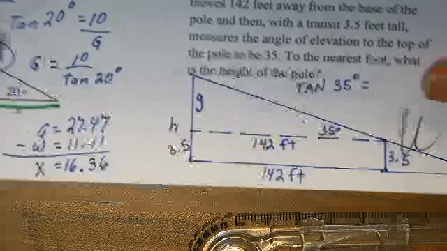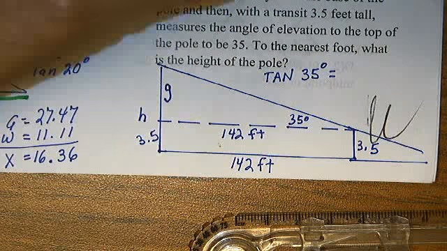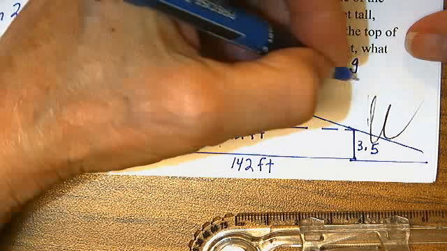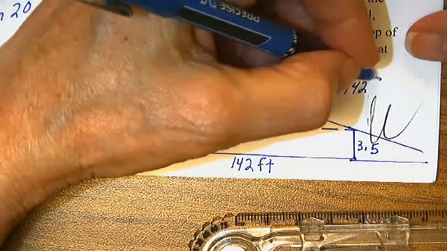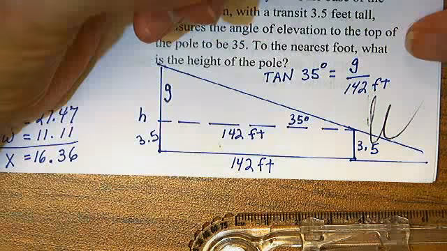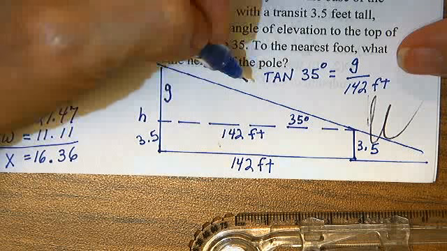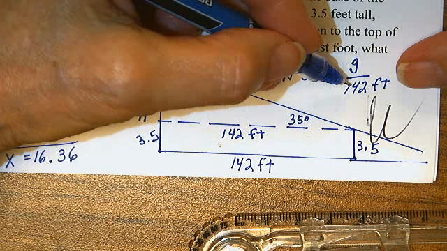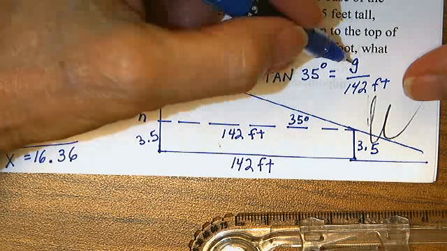The tangent of 35 degrees is going to be equal to G over 142 feet. So if I multiply both sides of my equation by 142 feet, I have G all by itself.